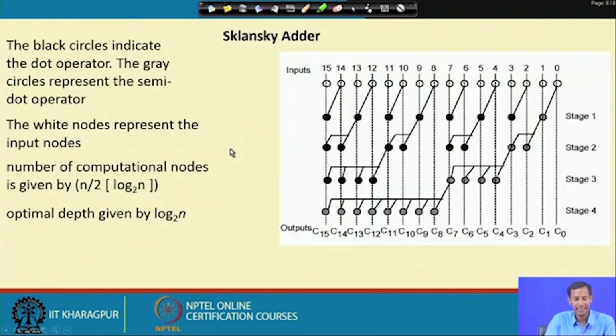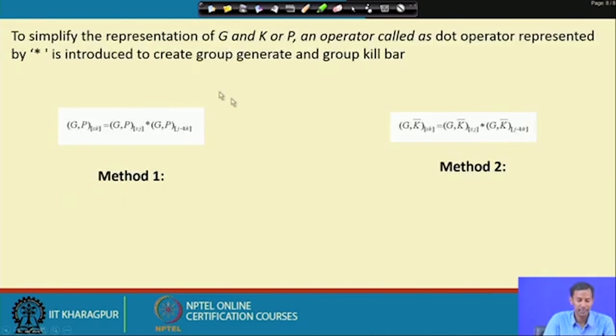So, what we are doing is pre-computing this prefix, and that is represented by one node. Now, we will follow one regular structure to compute the sum and carry value for each of these bit positions.